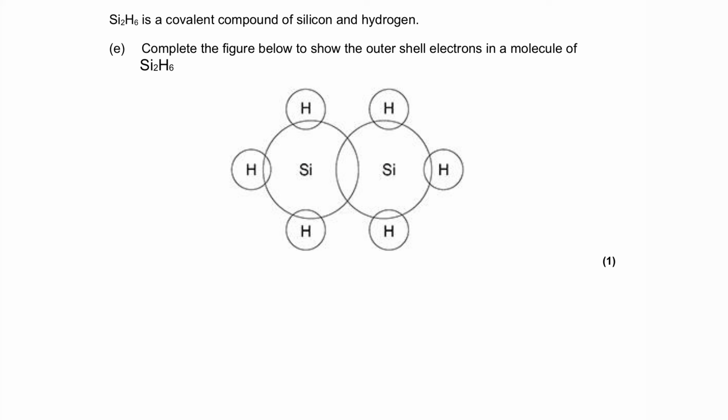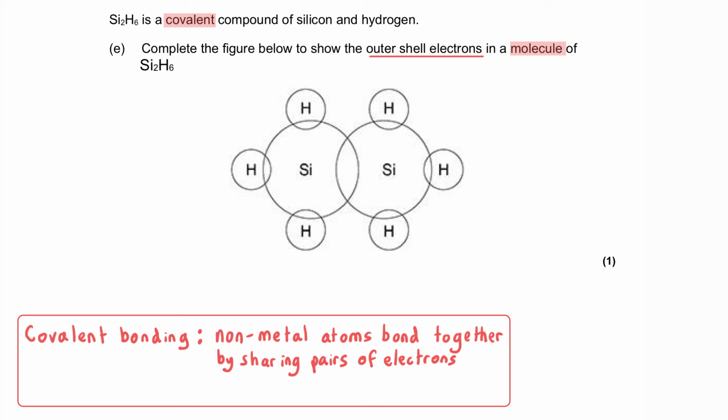Si2H6 is a covalent compound of silicon and hydrogen. Complete the figure below to show the outer shell electrons in a molecule of Si2H6. And you can see that we've got some element symbols in this space here, and the electron shells are currently shown as empty circles. Covalent bonding occurs when non-metal atoms bond together by sharing pairs of electrons.